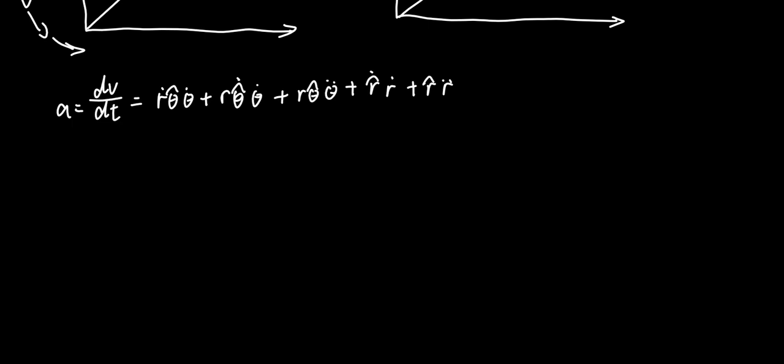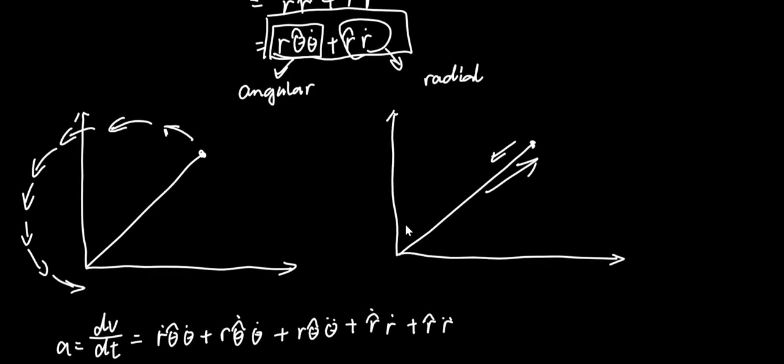So we can see that the acceleration is very complicated. However, we can write it in a clearer form. So here we're going to rewrite it in this way. We need to use the derivative of theta hat and r hat again.